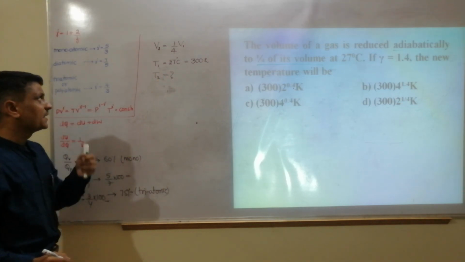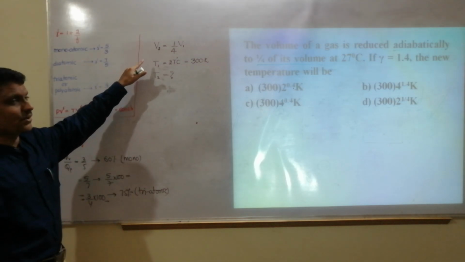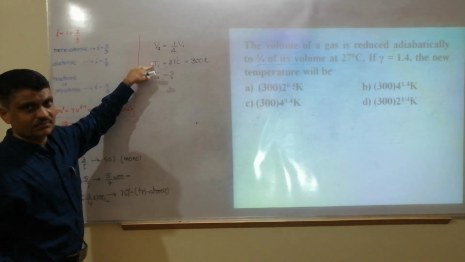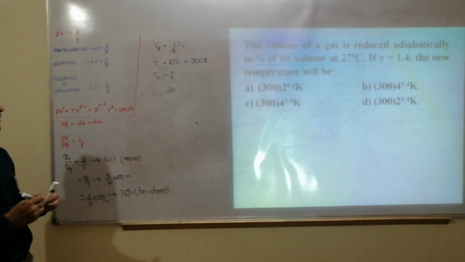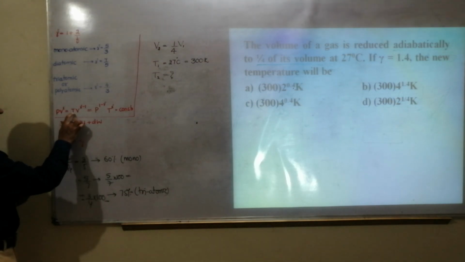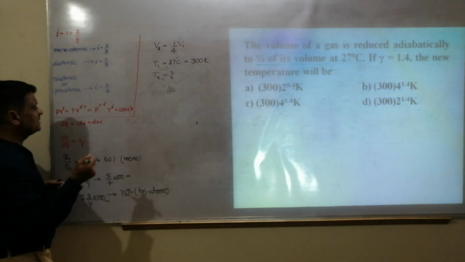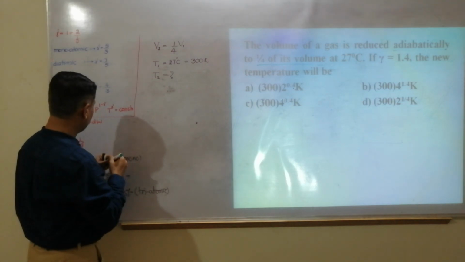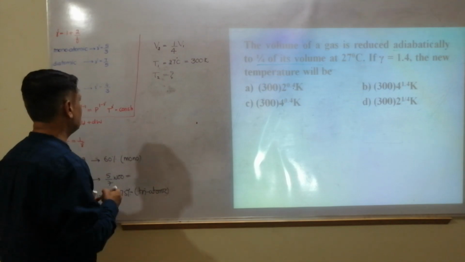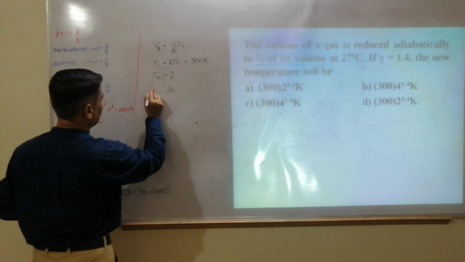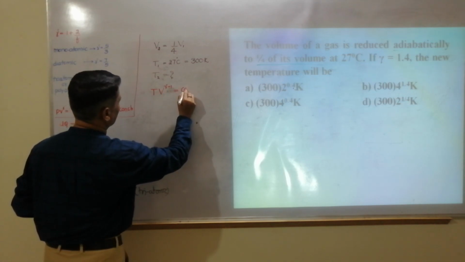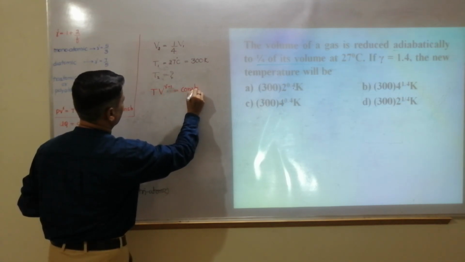T2 is how much? Since it is an adiabatic process, we want the relation between V and T. As I wrote here, for an adiabatic process, the relation between T and V is this. That is T V raised to gamma minus 1 is equal to constant.